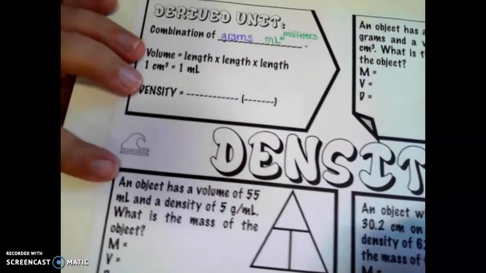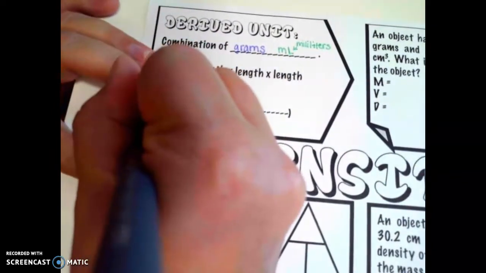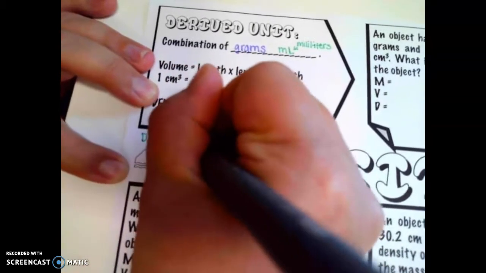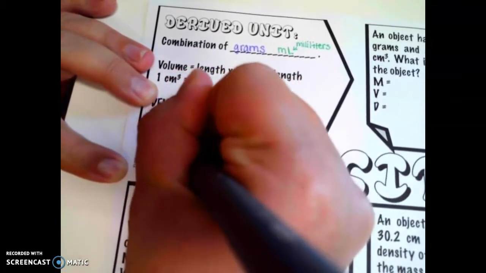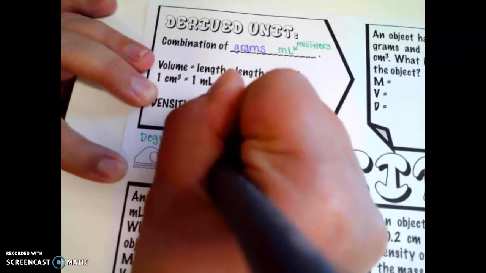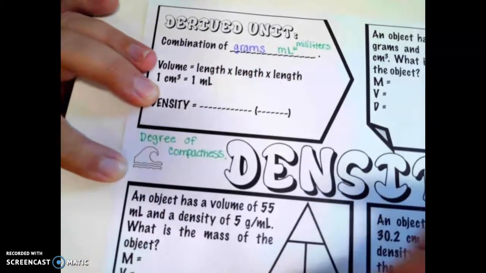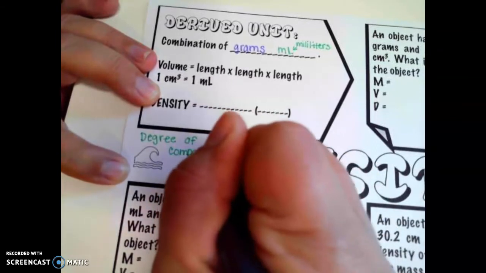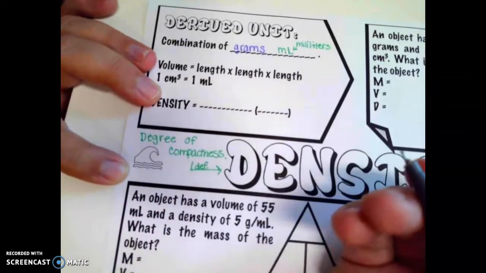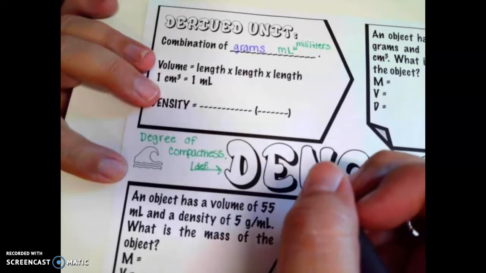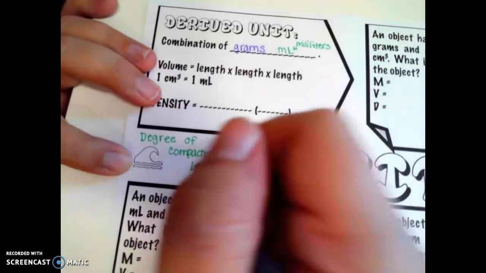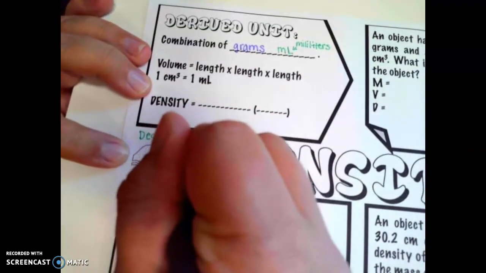So density, actually we're going to start right here, is defined as the degree of compactness. I know that doesn't mean quite so much to you right now, but density really helps us determine how much matter is in an object.